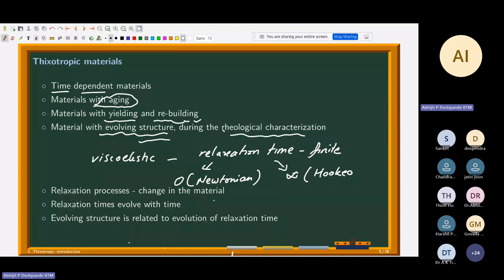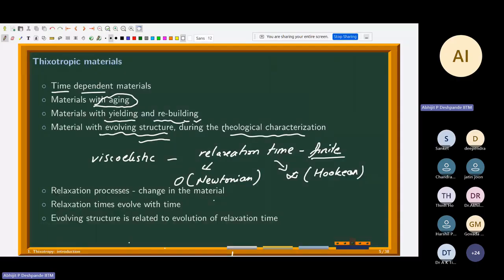But if it is a finite value of relaxation time, then there is a relaxation in the material which happens at a finite rate, and therefore relaxation time is a very good indicator of viscoelasticity. It tells you how fast or slow the dissipation or relaxation in the material is happening.